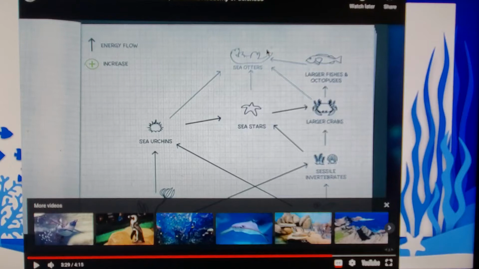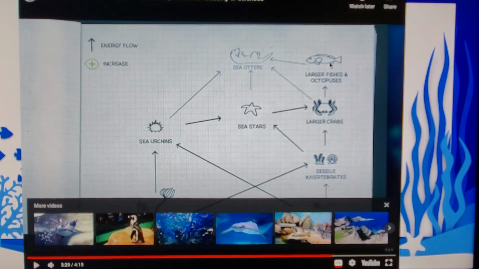So without the otter, the number of sea urchins would go up, the number of sea stars, crabs, and these larger fish would go up. So if the number of sea urchins goes up, if I follow this back, it's going to tell me what the sea urchin eats. If there's more sea urchins, they're going to eat more of whatever that energy is. So that's how we can see what impact an animal like a sea otter would have.